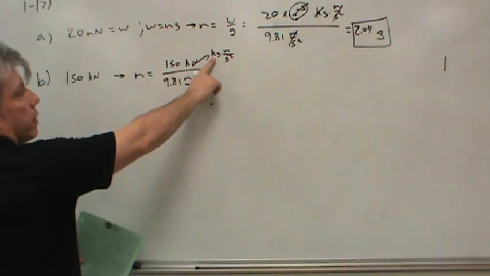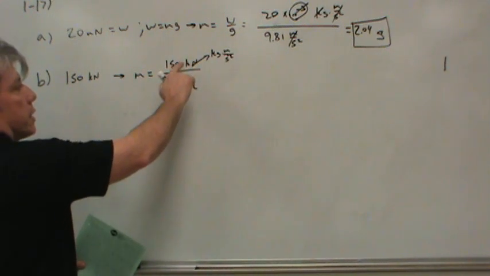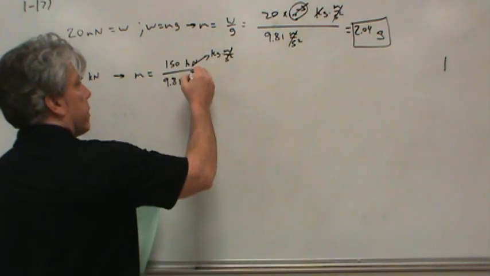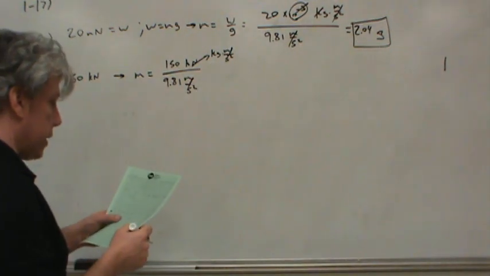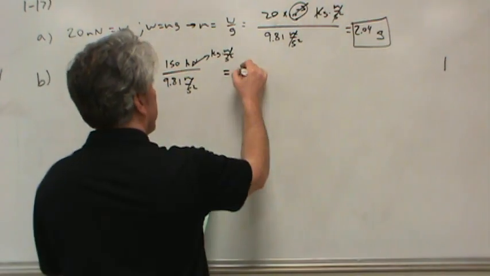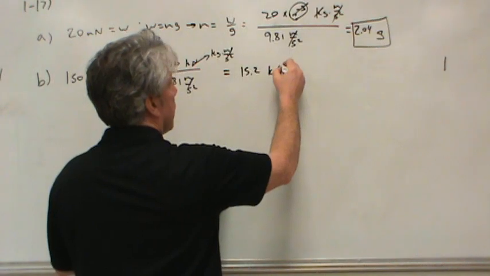Now, this kilo here is not this kilo. They're two different ones. A kilonewton is 1,000 kilogram meter per second squared. Again, this allows the meters per second squared to cross off nicely, and we're left, once you take 150 divided by 9.81, with 15.2 numerically, and that is kilograms.